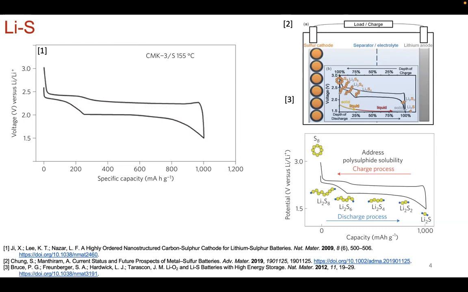Okay, so is the mechanism that you're really producing the longer chain lithium polysulfides and then producing Li2S? Now, there's evidence to suggest that you could potentially form Li2S on the first slope into the first plateau. So why would that affect your engineering of this cathode?